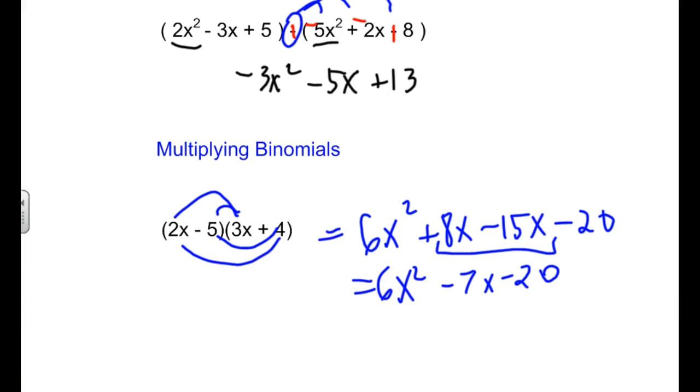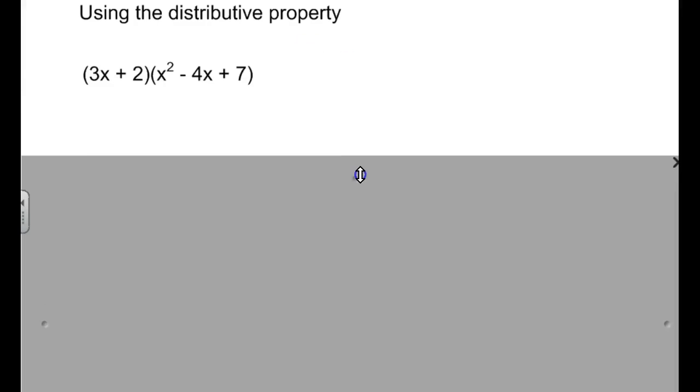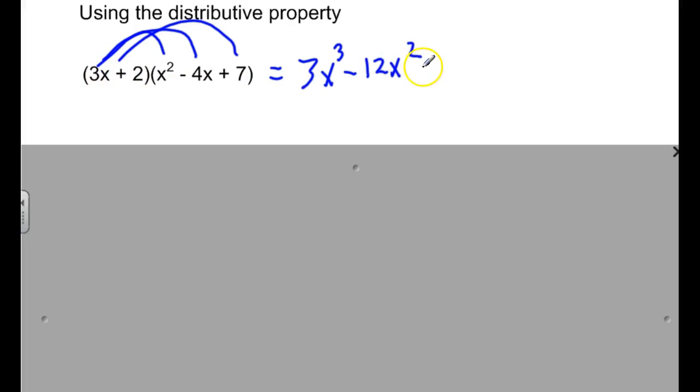And next page. So this is one you might have seen before. Some people call it the claw. This is multiplied by everything over there, so that would be 3x to the 3rd minus 12x squared plus 21x, and this is multiplied by all three also, so plus 2x squared.